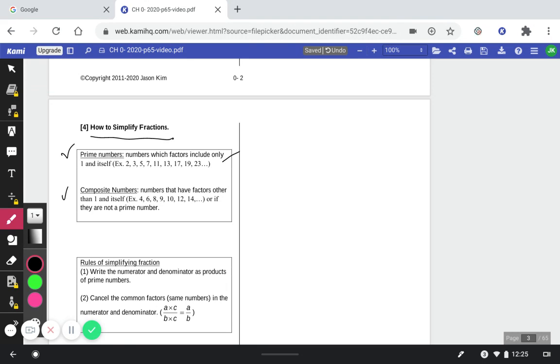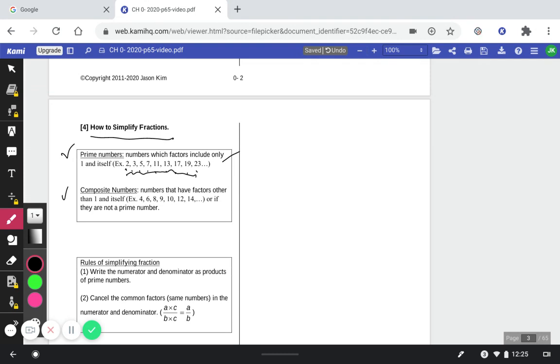Examples of prime numbers, which is a good idea to memorize, are 2, 3, 5, 7, 11, 13, 17, 19, 23, and so on. Those are prime numbers because those numbers do not have other factors except one and itself.